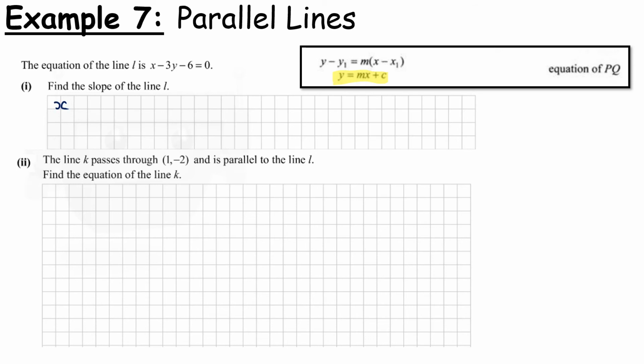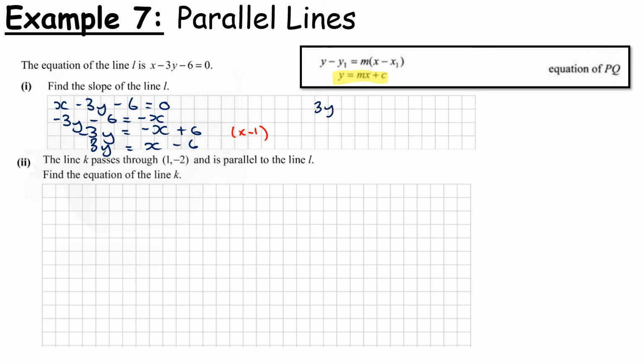So x minus 3y minus 6 equals 0, so we need to rearrange this. So we get minus 3y minus 6 equals minus x, and then we're going to add a 6 to both sides, minus x plus 6. I'm going to multiply across by minus 1 to change our signs, and we get 3y equals x minus 6.